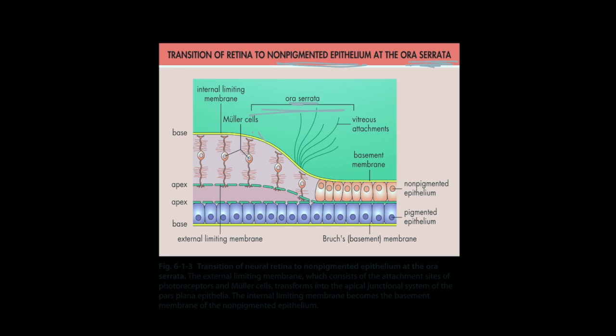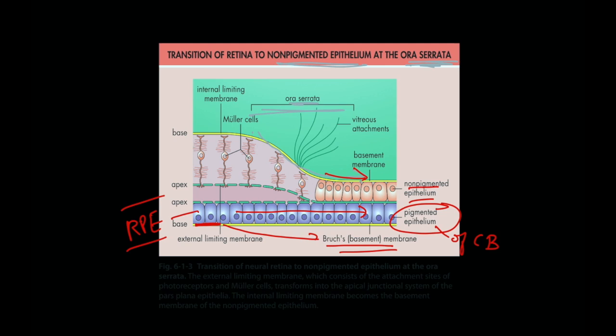This part gets slowly transitioned into the non-pigmented epithelium. This is going to be the retinal pigmentary epithelium, which I will discuss in a few minutes. This retinal pigmentary epithelium is going to continue as the pigmented epithelium of ciliary body. This is the point to understand. And the basement membrane of this RPE is going to continue as the Bruch's membrane of choroid. Just know these two points.